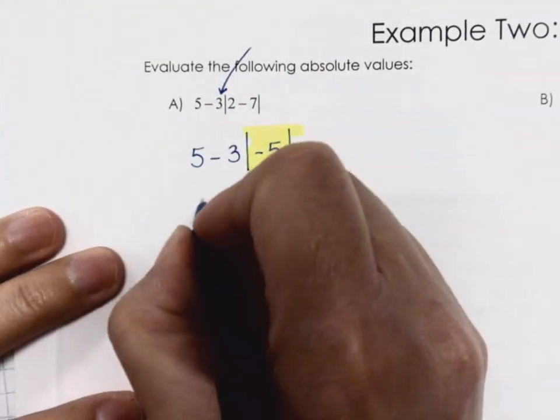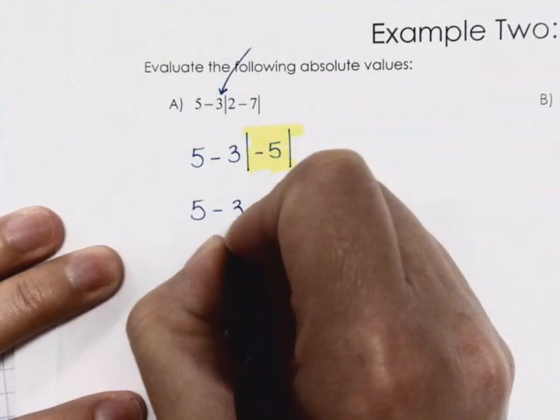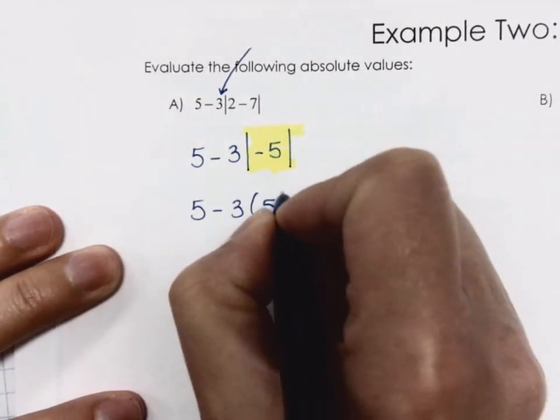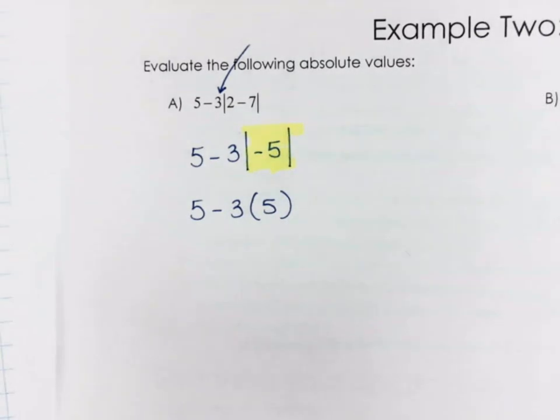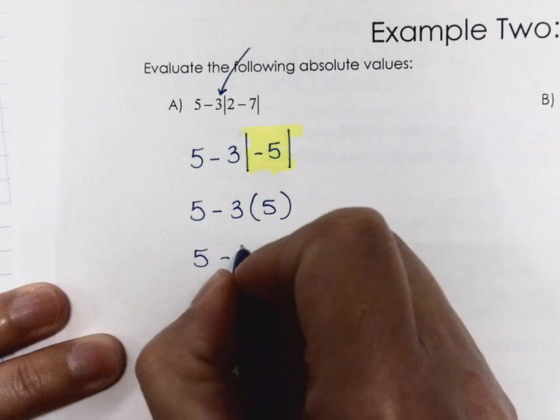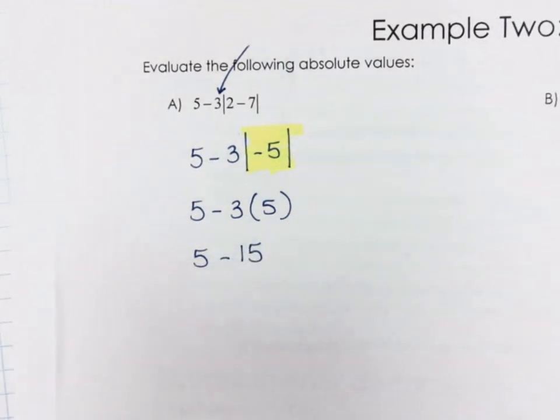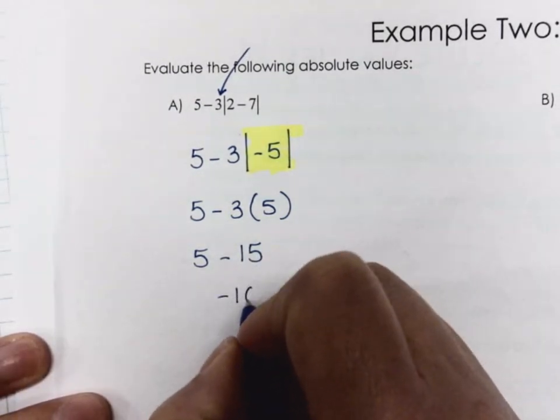Positive 5. So we're going to have 5 minus 3, and I'm changing it to round brackets because we've done the evaluation of the absolute. Order of operations tells me to multiply next, so I'm going to have 5 minus 15, and then I can subtract, and I'll get a negative 10.